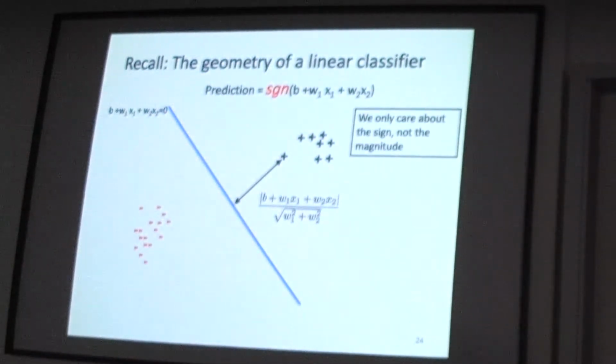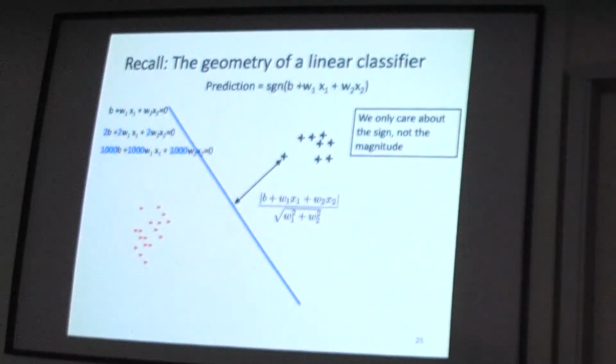And another very, very critical property for linear classifiers is that we actually do not care about the magnitude of those W1, W2, B. You can scale them by an arbitrary positive scalar, 100, 1,000, 1 billion. It doesn't matter, because they all represent the same linear classifier and the same classification boundary. So they are equivalent.